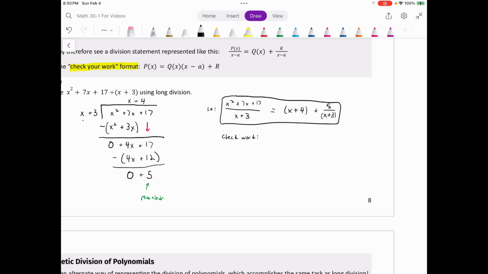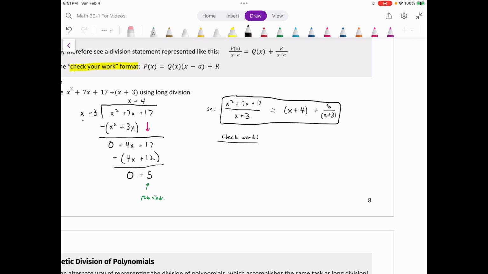Again, we're saying that when we divide this by x plus 3, it's apparently equal to this. So if I undo that division by multiplying this by x plus 3, I should get x squared plus 7x plus 17, right? These sides cannot be equal if, when I multiply both sides by x plus 3, I don't end up with x squared plus 7x plus 17.